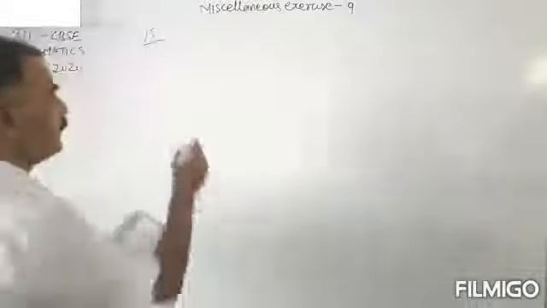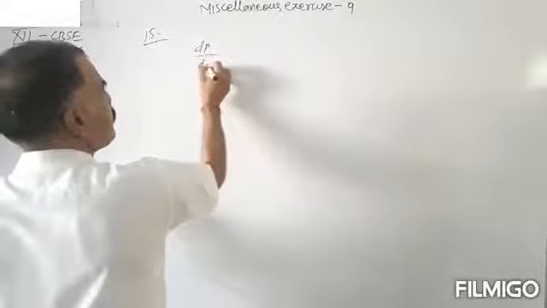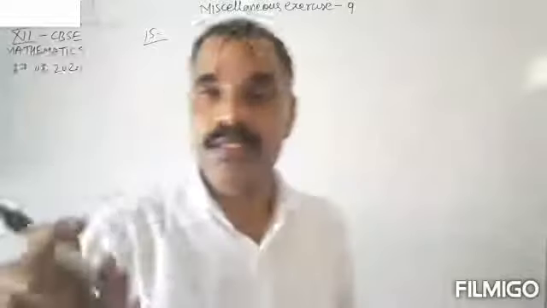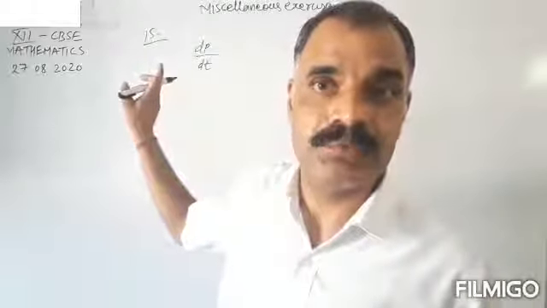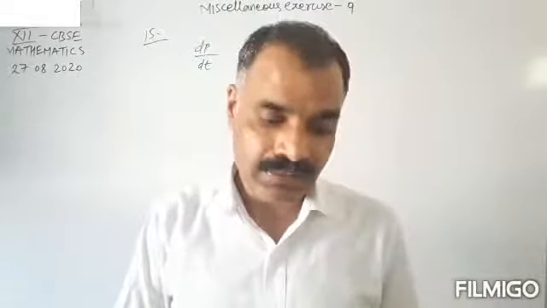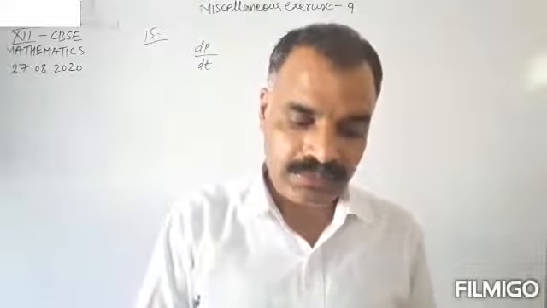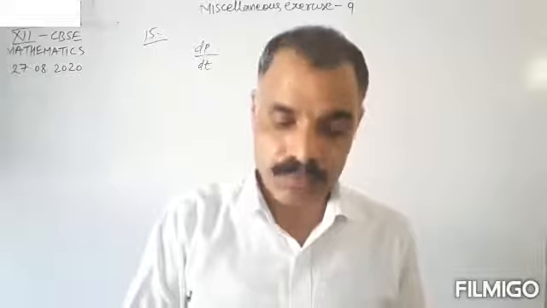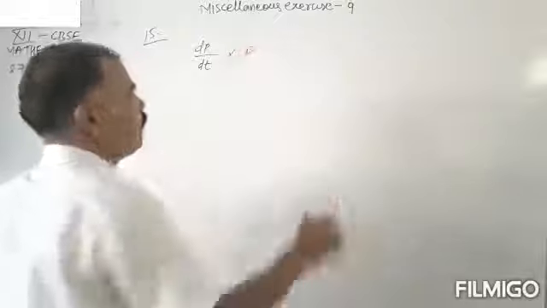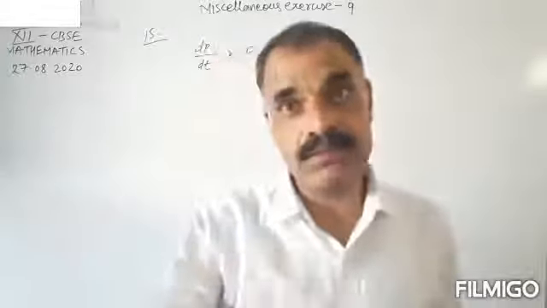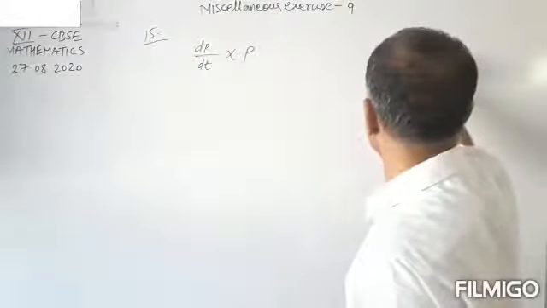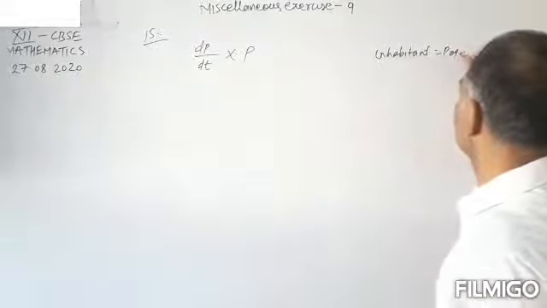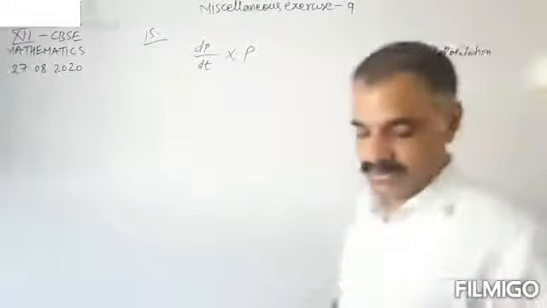If p represents the population, then the rate of growth of the population is dp upon dt, and it is given that it increases at a rate proportional to the number of inhabitants. Inhabitants means the population itself.